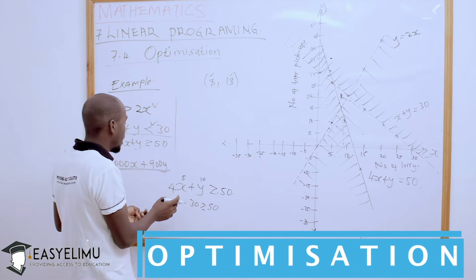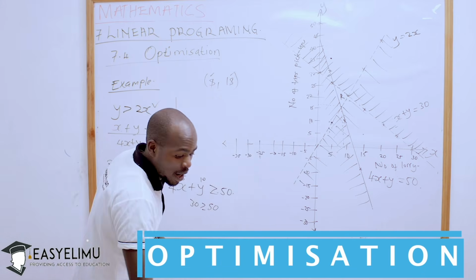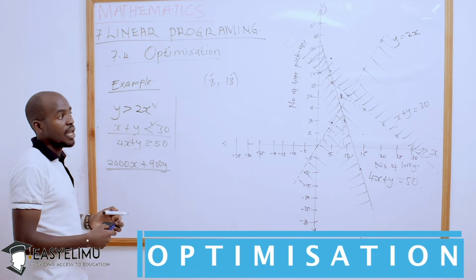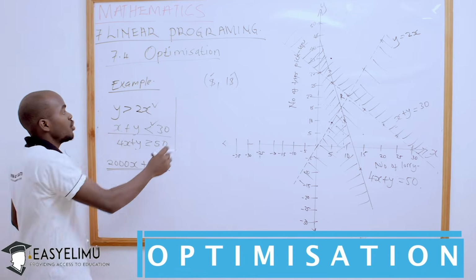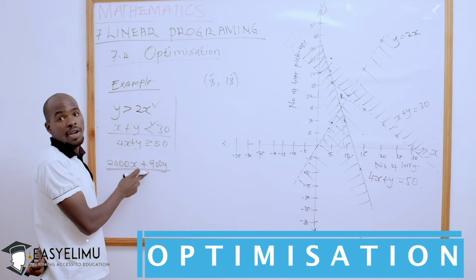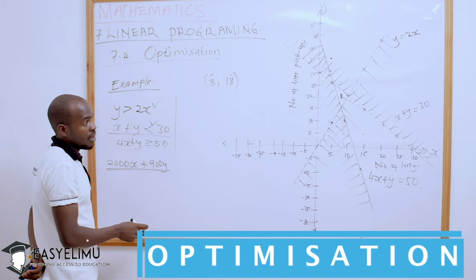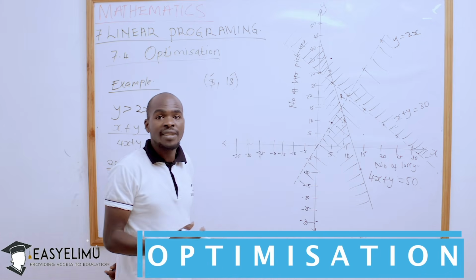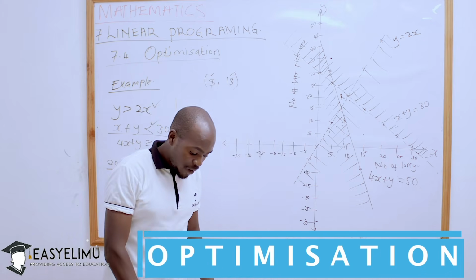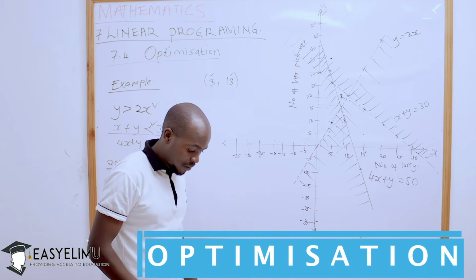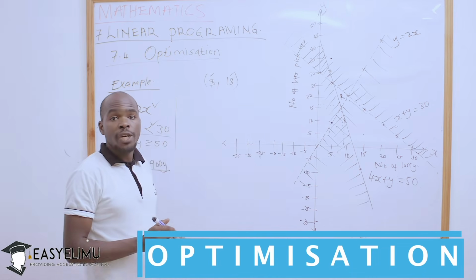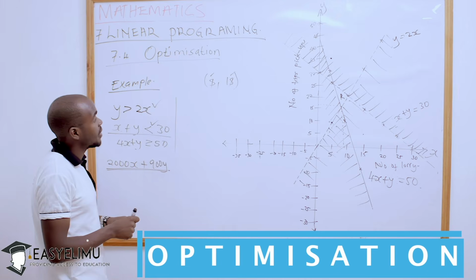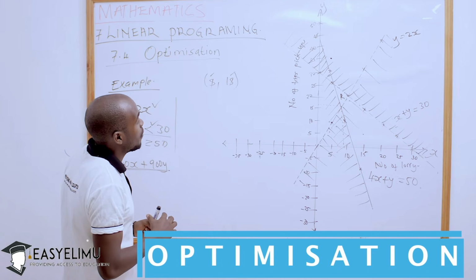And if you want to calculate the maximum or the minimum amount that the contractor will spend, you shall substitute where x is and y is. For example, you shall select some points from this region and you may select several of them. What you will find out is what we refer to as possible outcomes.